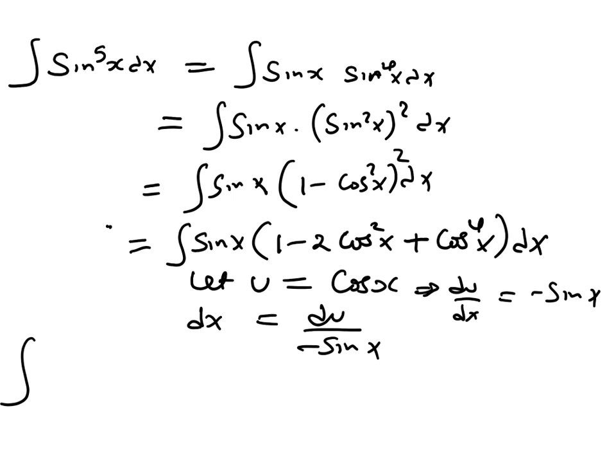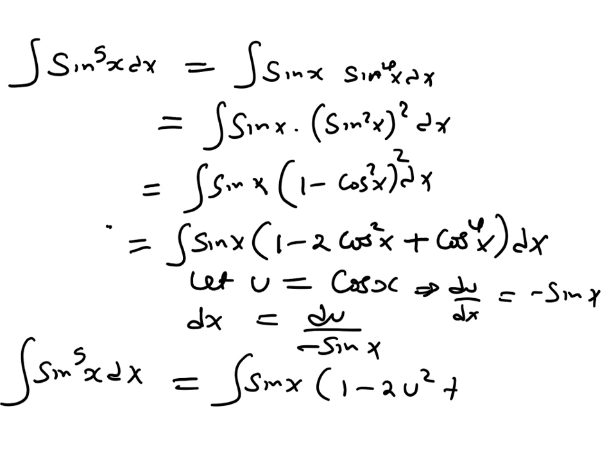So the integral of sine to the power 5 of x dx will be the integral of sine x times 1 minus 2u squared plus u to the power 4 times du over minus sine x. So this cancels out and it leaves you with a negative outside.